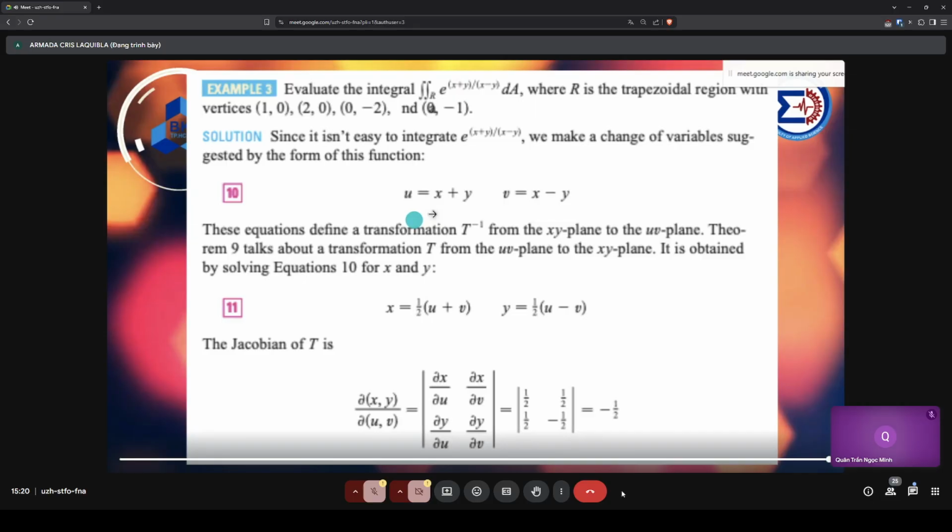u minus x is equal to y. Am I correct? Correct. So your y is u minus x. Replace here, this is now minus y, right? Your y becomes u minus x, so minus that one becomes minus u plus x.